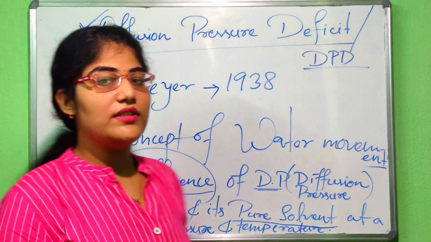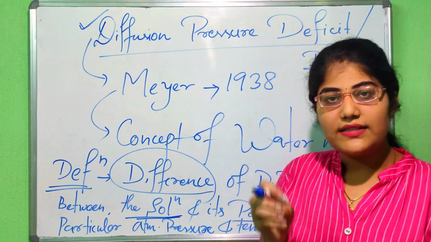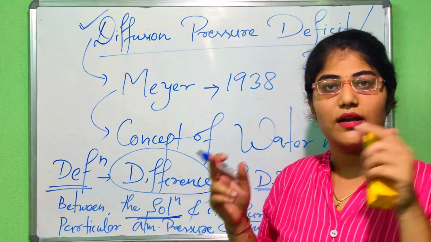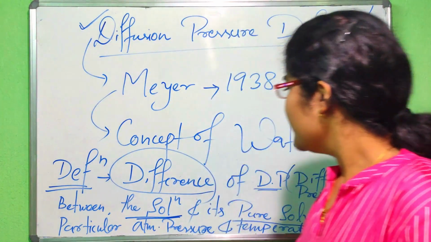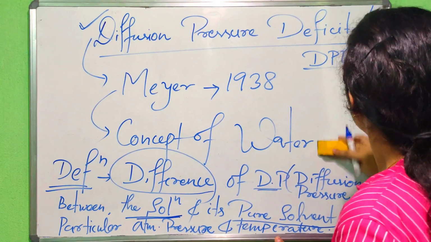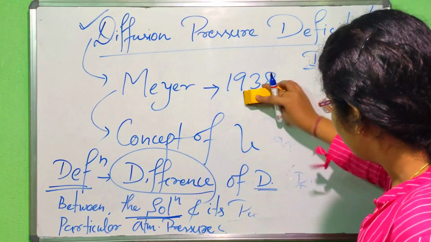So let's see what is a solution and what is a pure solvent. In our previous class, I said that a solution is nothing but a mixture, or combination, of both the solvent and the solid. Let's see how DPD is formed and what is the difference between the solution and the pure solvent.